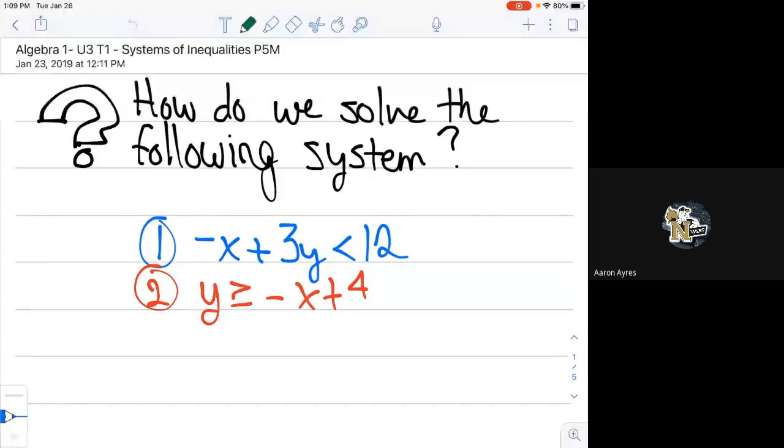You could do elimination if you want. You don't have to. Because you have to solve the line x.